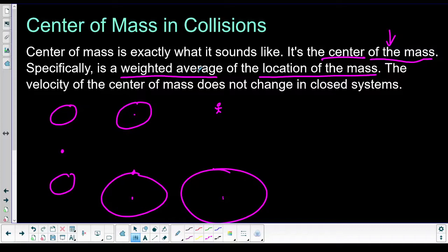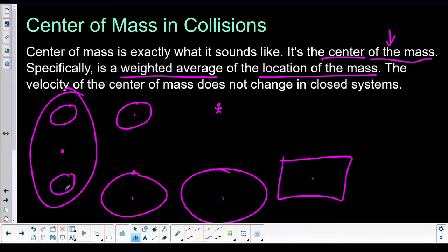For uniform objects like spheres and boxes, their center of mass, not like the center of mass of this two ball system, the center of mass of this object is generally in the center of the object, unless you have varying densities.